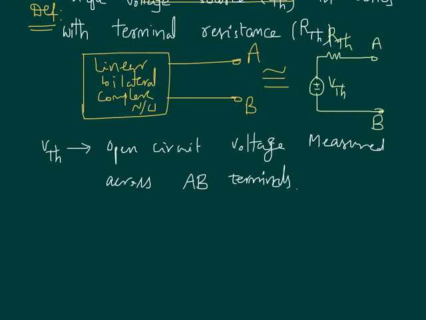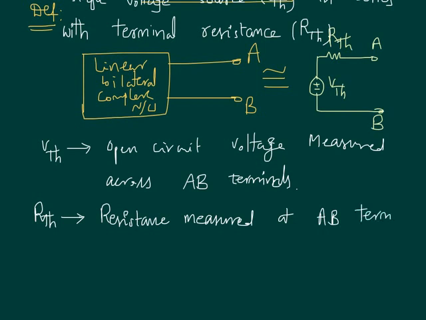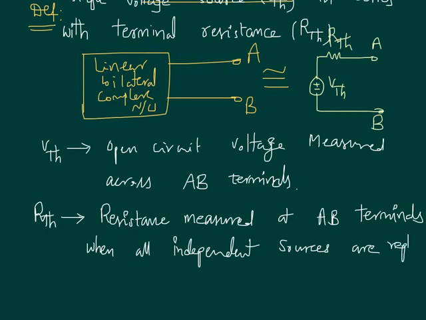Okay, then RTH is the resistance measured at AB terminals when all independent sources are replaced with their internal resistances.